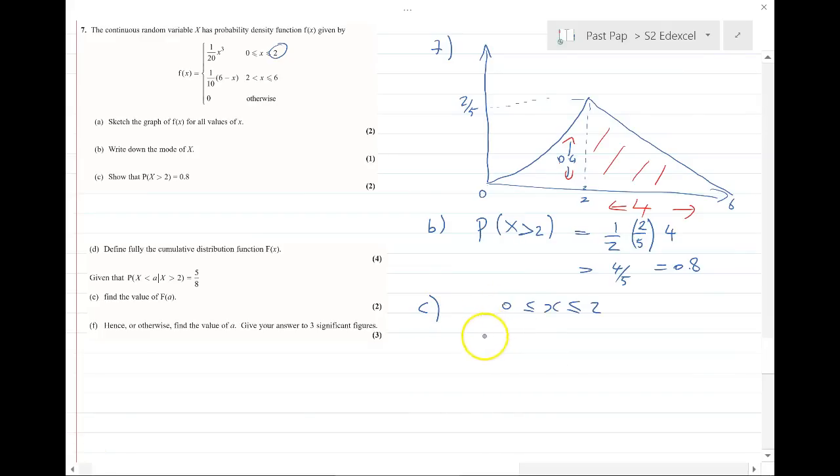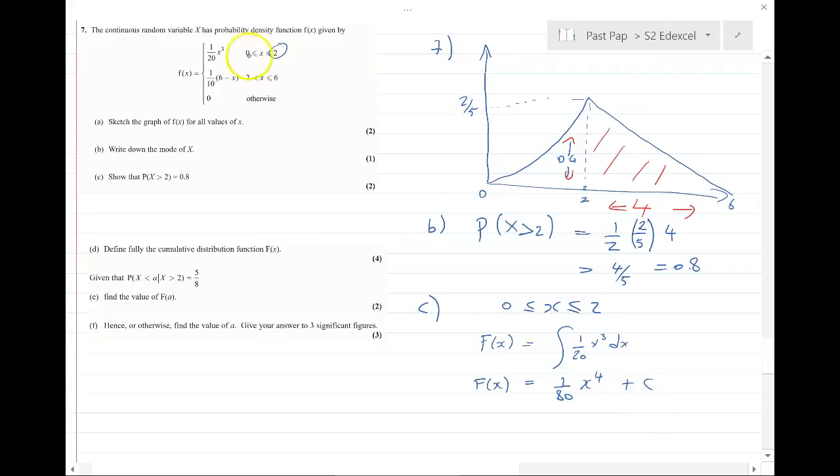Between 2 and 0, we have F(x) is equal to the integral of 1/20 x cubed dx, and that equals 1/80 x to the 4th plus c.